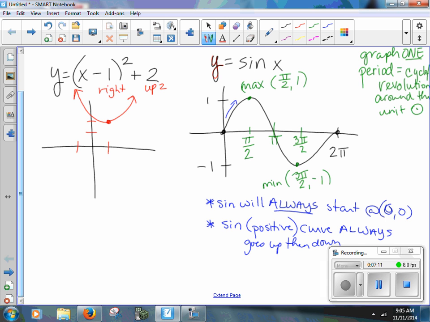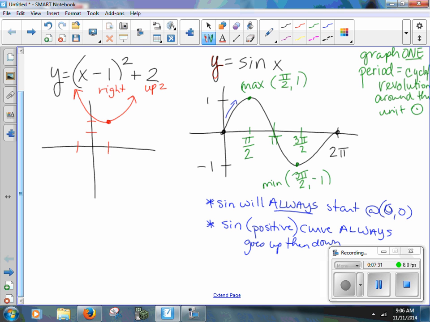You see how it goes this way? And do you see how it's kind of sort of symmetrical? The same shape occurs between pi and 2 pi, but it's on the negative side. So it's kind of symmetrical, but not. Just think of it though, it's the same pattern repeated.